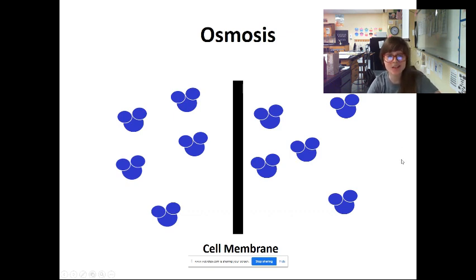So this is just like diffusion. The only difference is that this is the diffusion of water, okay? The movement of water is so important that it's been given its own name. So in your notes, you might write osmosis is the diffusion of water, or if you want to go even further, you would write osmosis is the movement of water from high to low concentration. And that's really the key there. That's the thing that you're going to have to remember throughout this unit: if we're going from high to low or the opposite. We'll talk about that later.